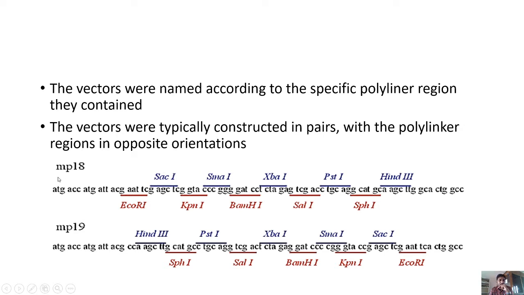Here in this short DNA, the restriction sites are EcoRI, SacI, KpnI, SmaI, BamHI, XbaI, SalI, PstI, SphI, HindIII. All these restriction sites are present within a short region of the DNA, and altogether these restriction sites are known as multiple cloning sites.